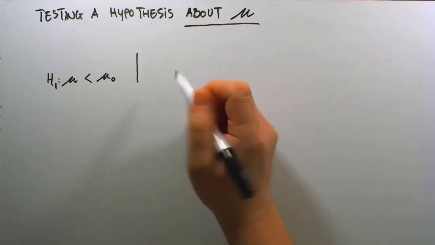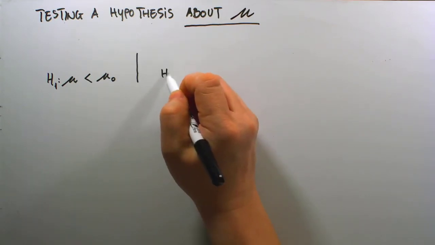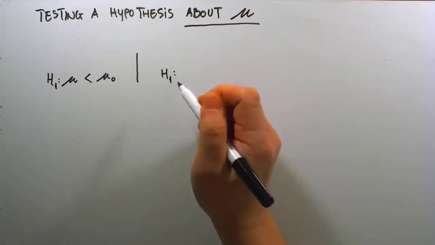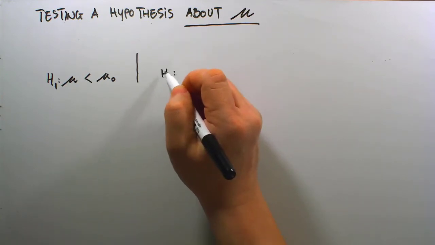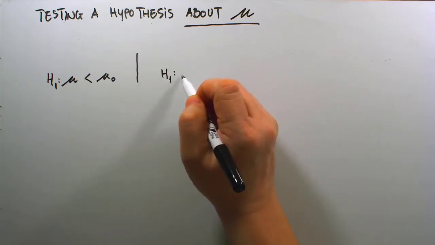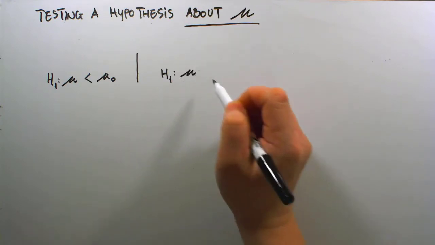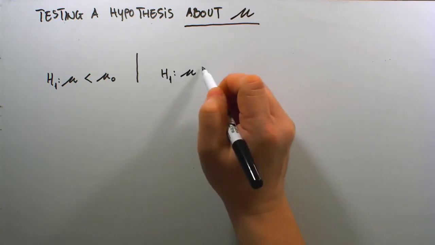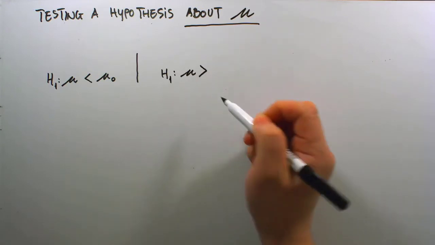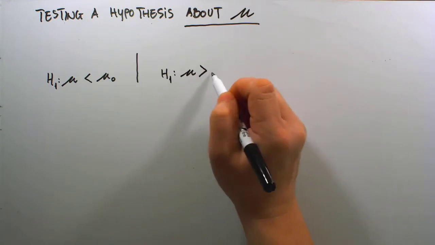Or we can see that in some hypothesis testing problems, the alternative hypothesis is stating that the population mean value is greater than or above the value being claimed.